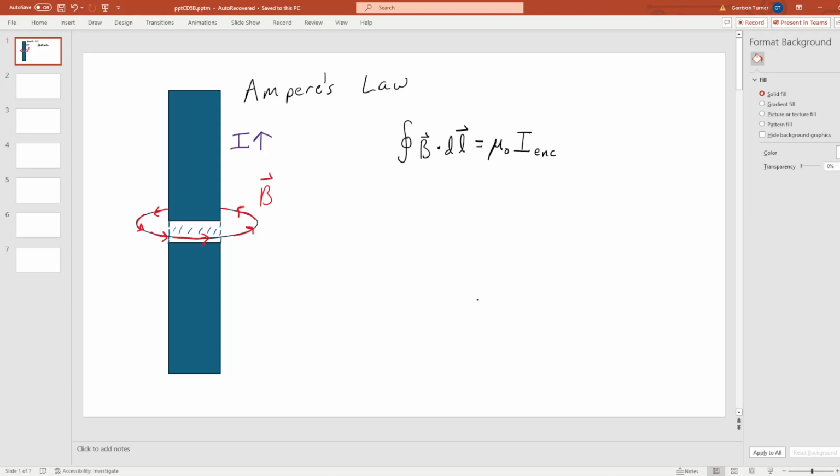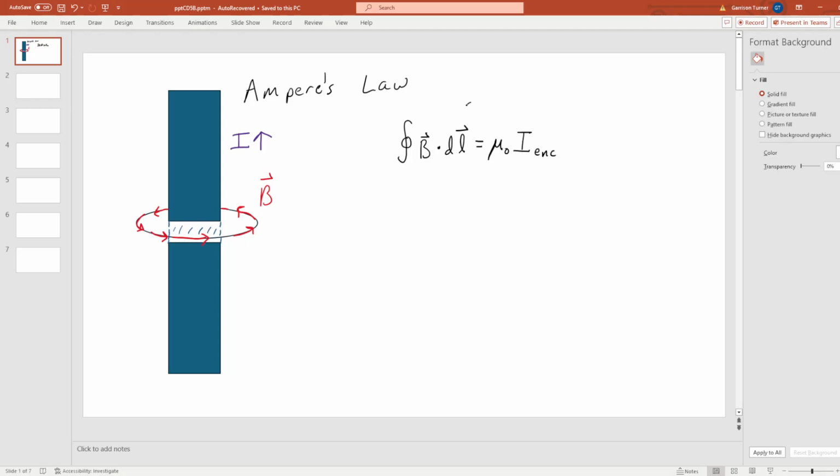At first glance this doesn't look like Gauss's law. Gauss's law was a surface area integral, a flux integral, and here this is a line integral. But the similarities really are quite strong.